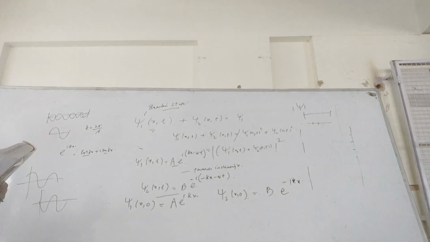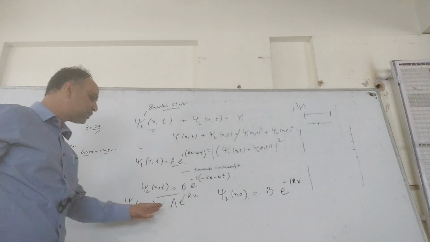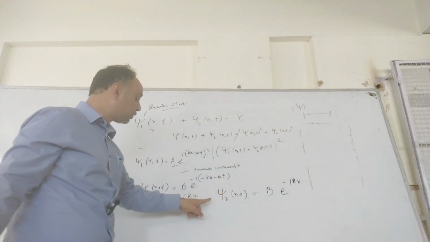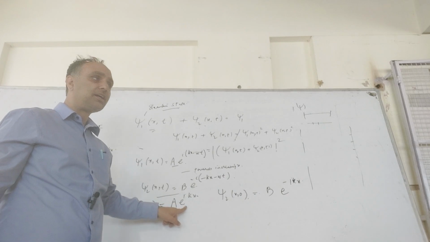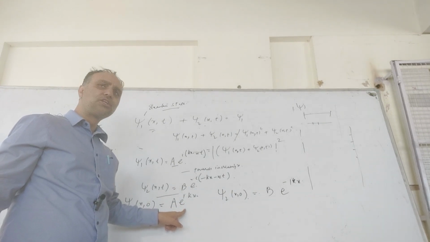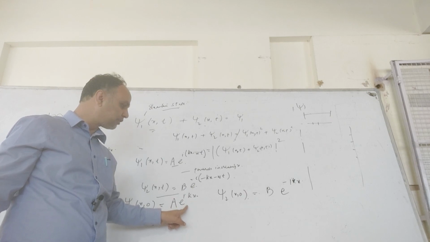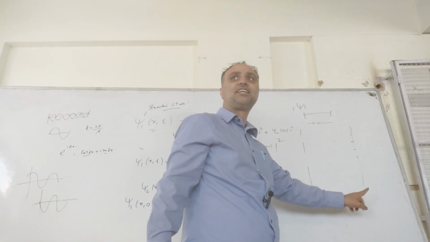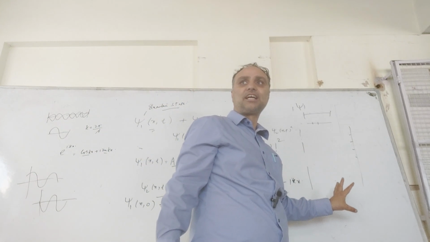Fine. So up to here, in your original classes you can also represent it like cos kx plus iota sin kx, and cos kx minus iota sin kx, where the sin terms will cancel.